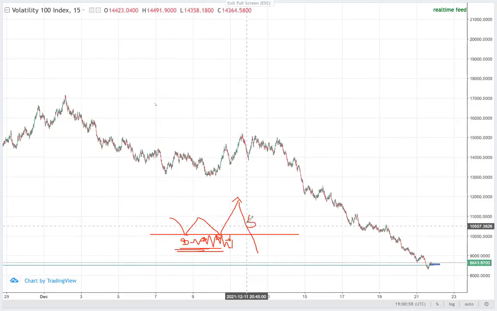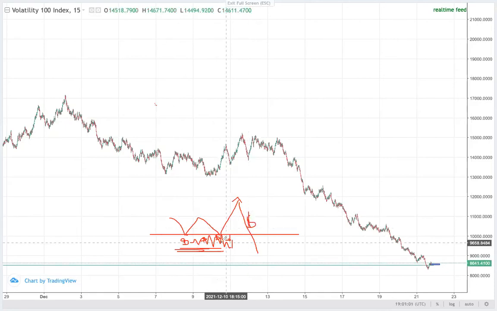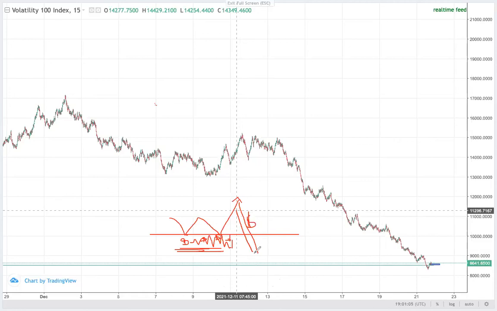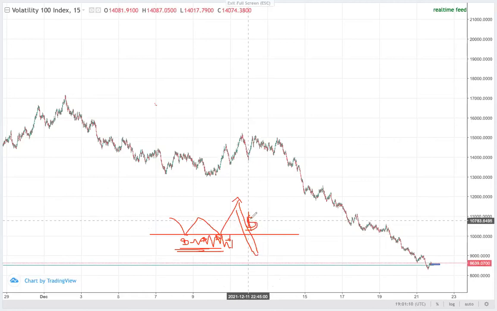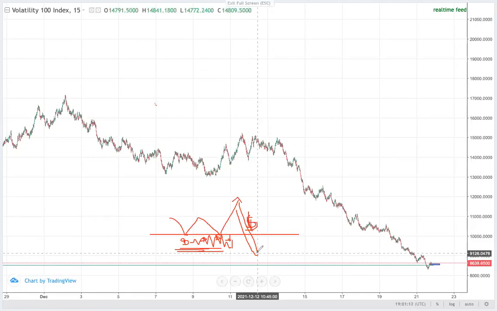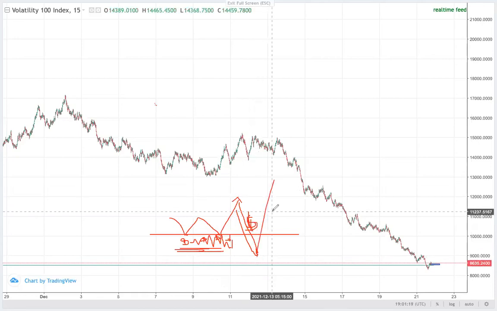Let's say they inject 1 million down here, they hit your stop losses. So they are forcing the market to move in the downward direction. And then, just because they put that 1 million to sell and move the market, they now put, let's say, 10 million to move the market in the upward direction.